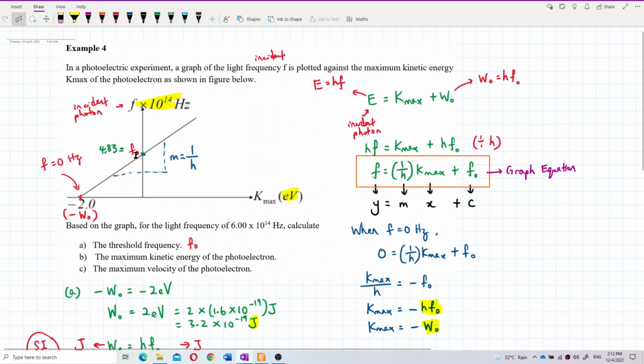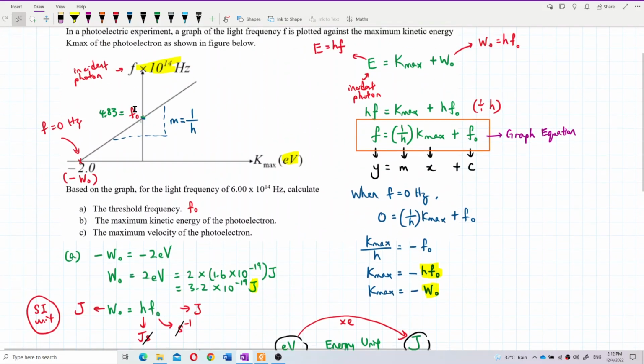This one is just 4.83. So this is the y-intercept.